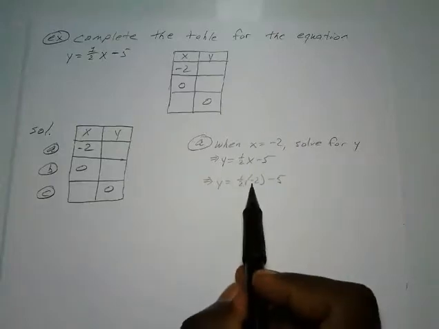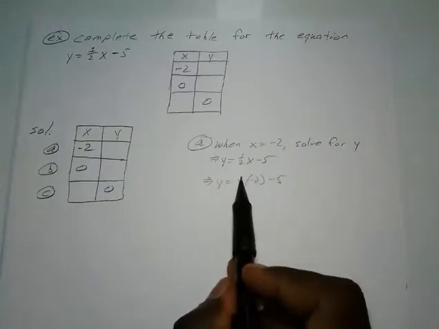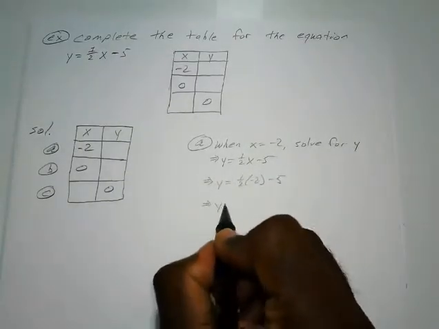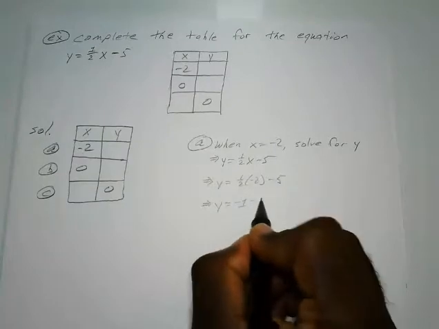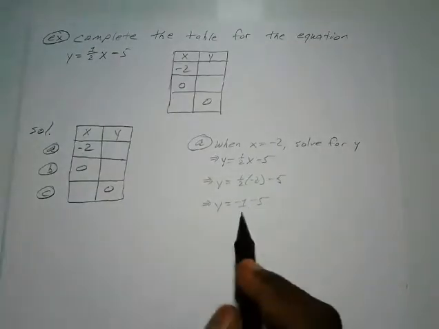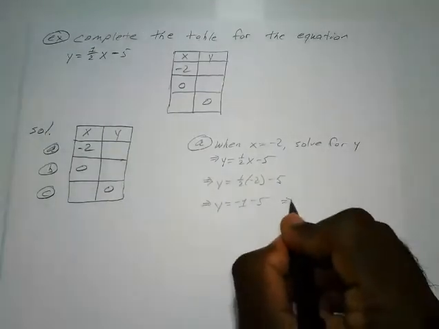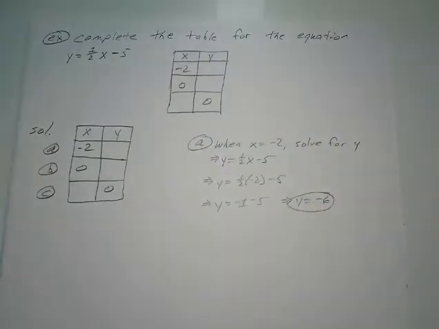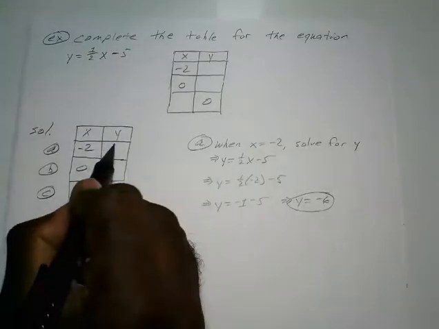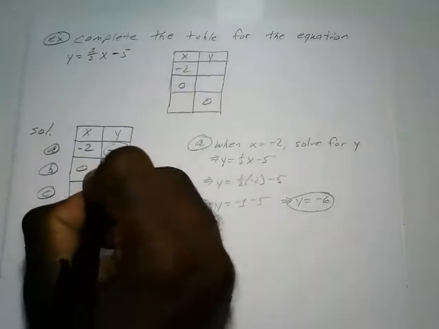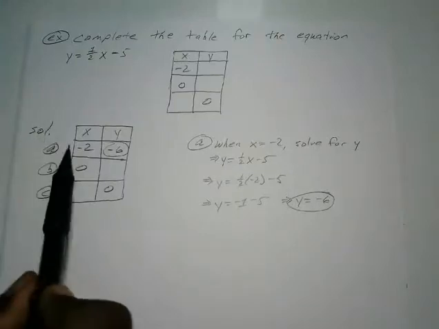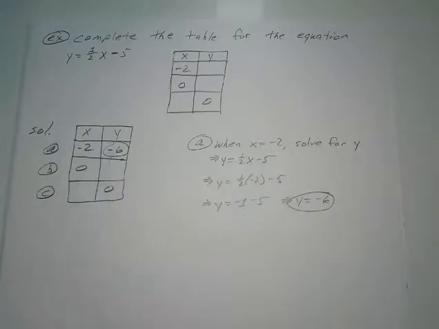Okay, so 1/2 times -2, the 2's cancel out, so you're left with 1 times -1, which is -1. So y equals -1 minus 5. -1 minus 5 is -6, so y equals -6. Okay, so we know this spot right here is -6. So when x equals -2, y equals -6.